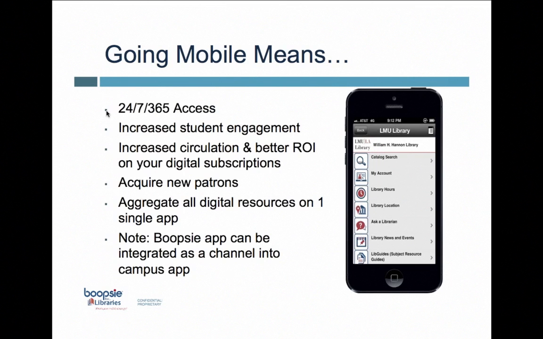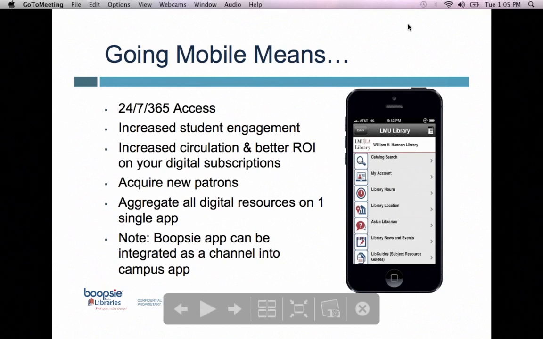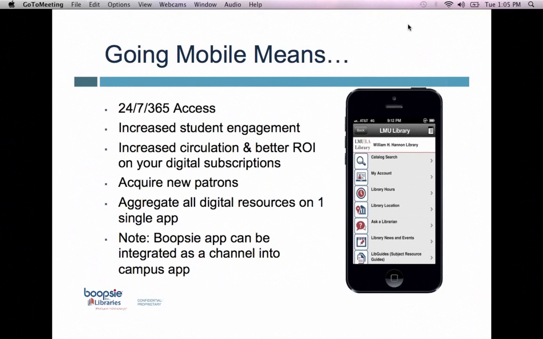So what does going mobile mean to us here at Boopsie? For us, it means 24/7, 365 access. We bring your library's resources and functions to the mobile app user, so your students and your other research communities are able to access this information in a very intuitive, easy-to-use way.